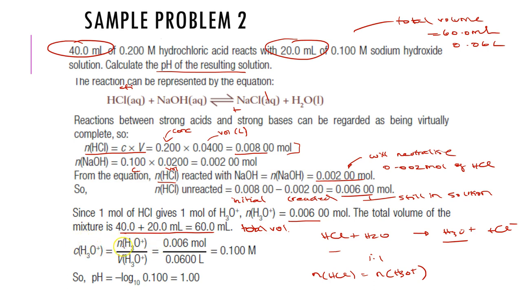So my number of mole of H3O+ is going to be equal to the number of mole of HCl that was left over, and I'm going to divide by my volume. When I do that, I get a concentration of 0.1 moles per liter of H3O+. I can now substitute that into our pH equation and just type into my calculator negative log 0.1, and my pH is equal to 1.